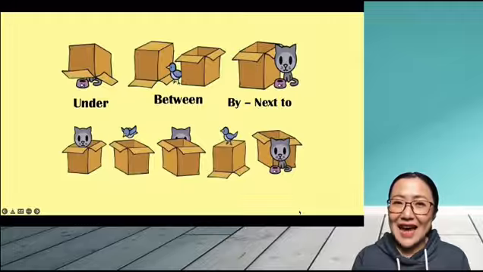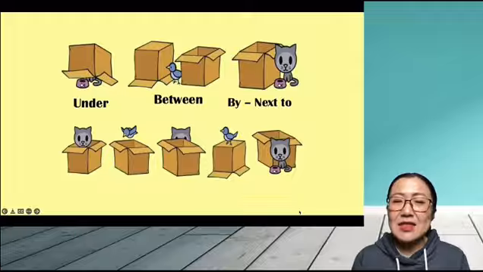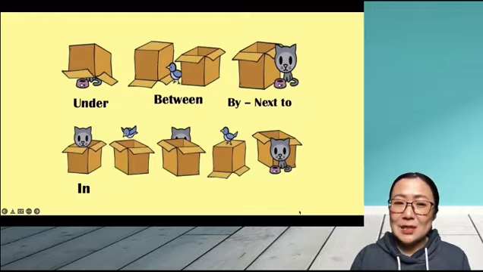Right, the cat is in the box. The cat is in the box. And now let's take a look at the next one. Where is the bird? The bird is over the box.